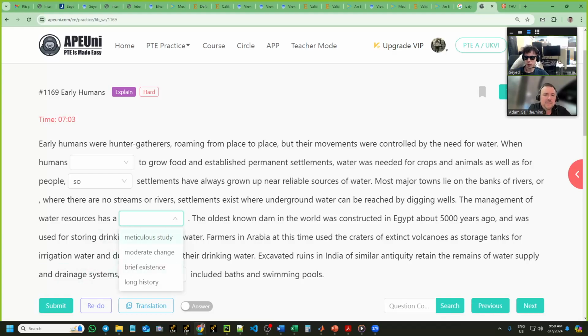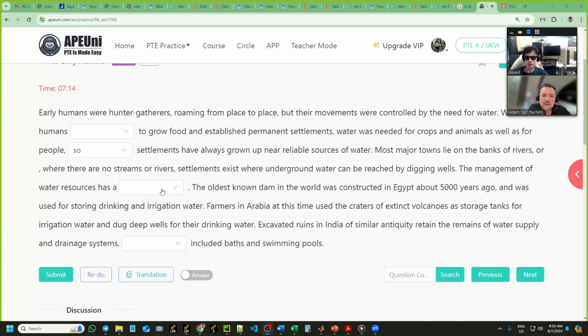What is your idea with these ones? So the management of water resources could involve meticulous study or could require, but it doesn't have meticulous study. It doesn't have moderate change. In this context, it doesn't have a brief existence because we've already got long history being discussed in the rest of the paragraph.